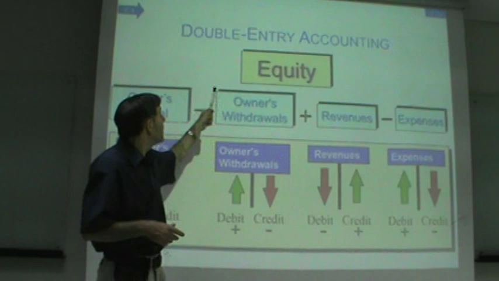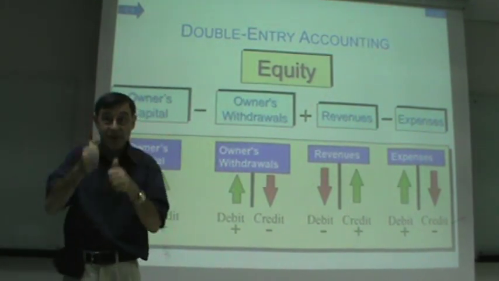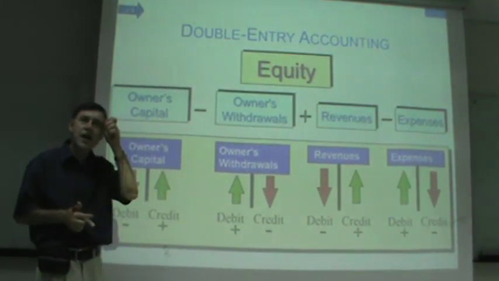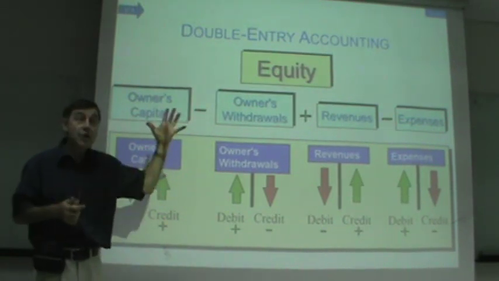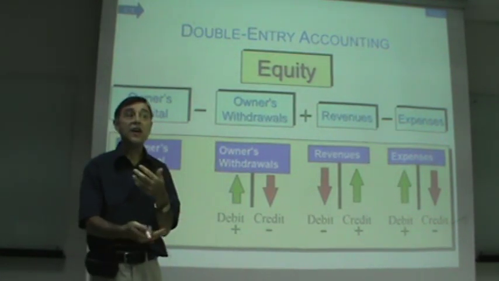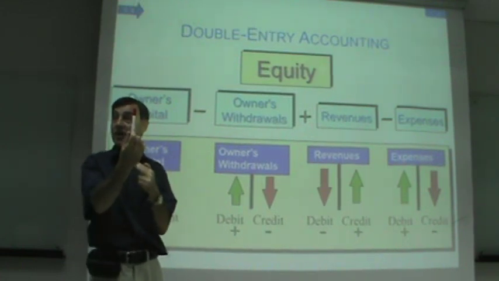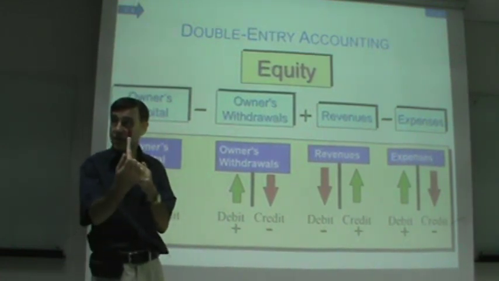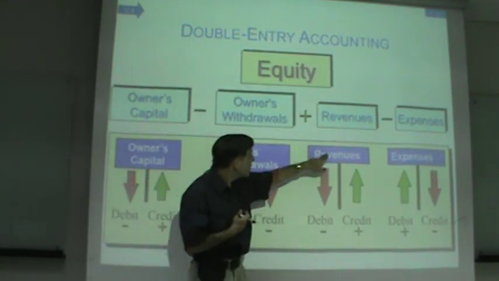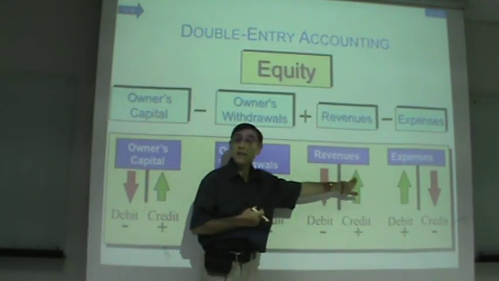Alright, now double entry accounting for equity. Equity is a little tricky because some of the equity goes up, some of the equity goes down. Okay? So let's give it a try and see. Remember, for equity, the credit is going up. So when you have a revenue, it increases equity. And if revenue increases equity, this means credit. Credit is on the plus sign. So here you have revenue and the credit is increasing.